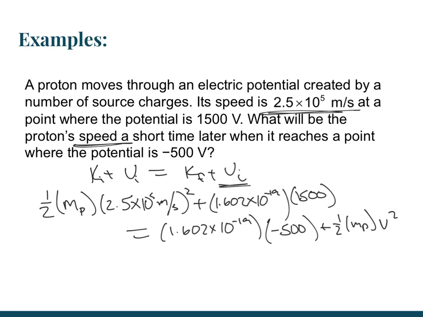And it's very simple to algebraically solve from there for V. So really, all you're doing is using potential energy and conservation of energy to find it in conjunction with kinetic energy.